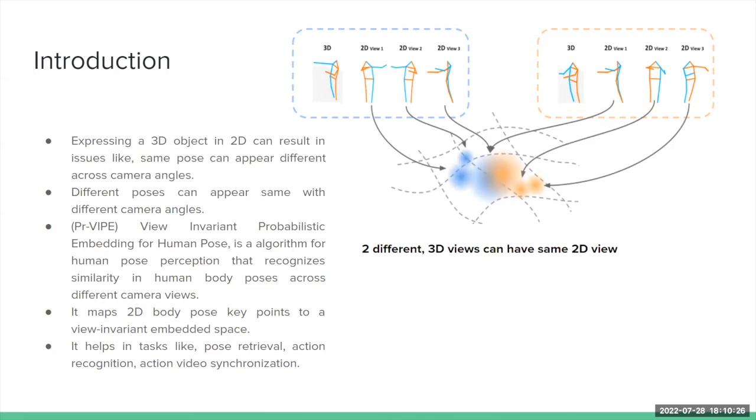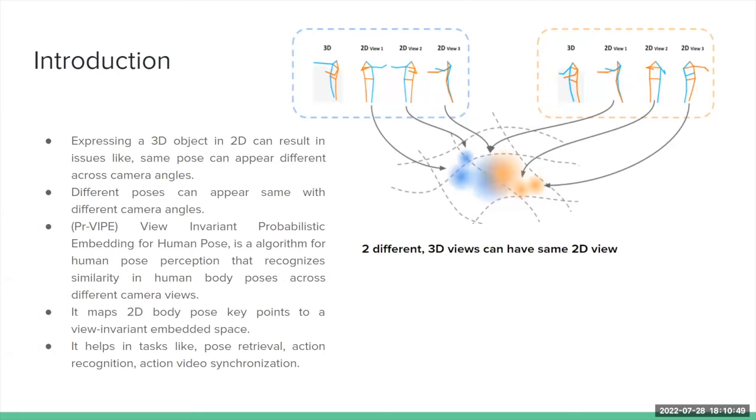To address the second observation, Pr-VIPE utilized a probabilistic embedding formulation because many 3D poses can project to the same or similar 2D pose. The model input exhibits an inherent ambiguity that is difficult to capture through deterministic mapping or point-to-point mapping in embedding space.